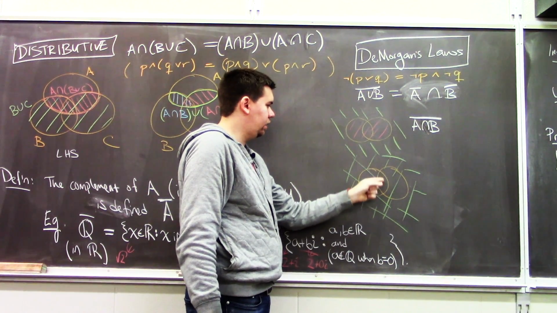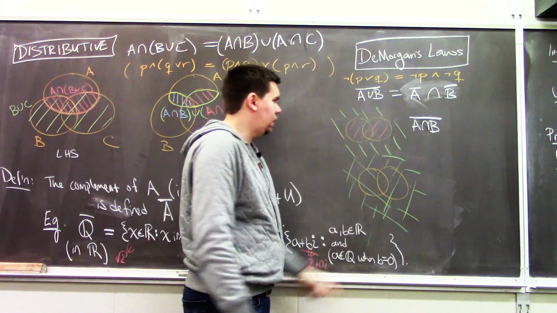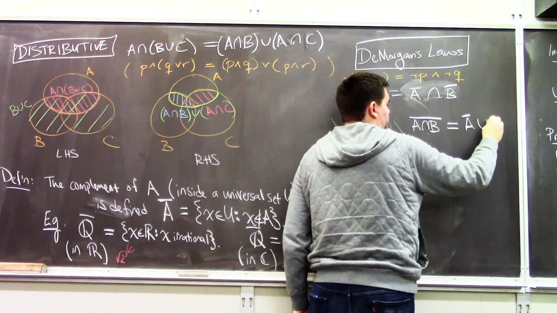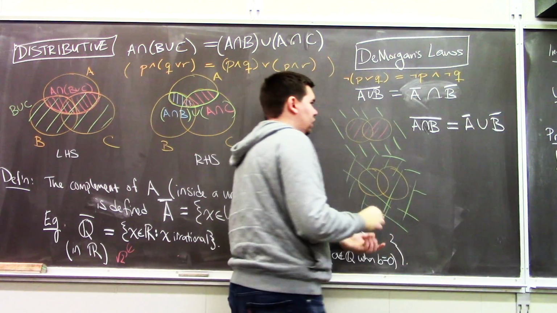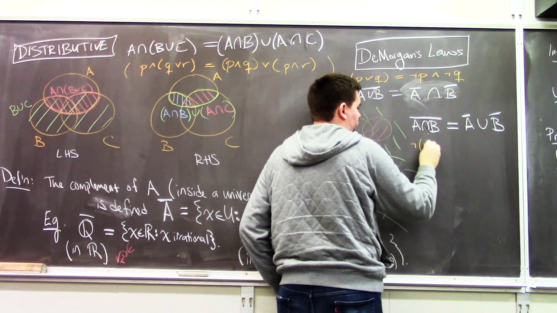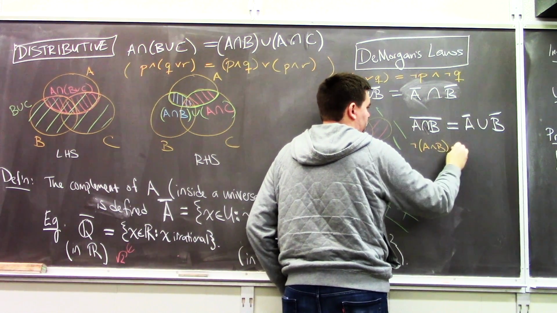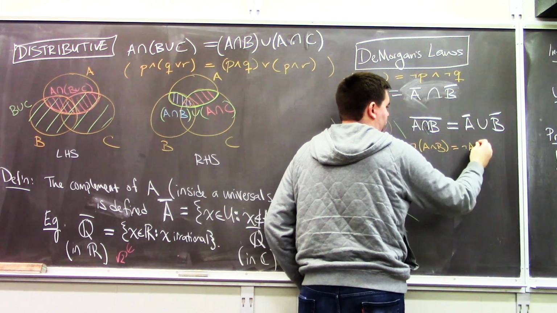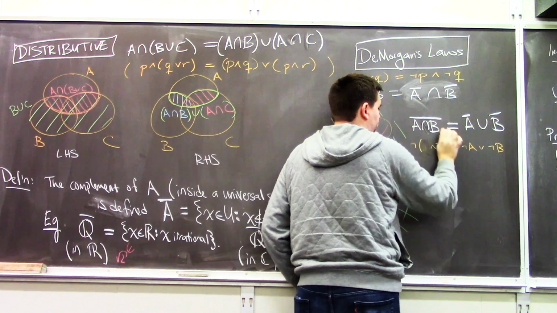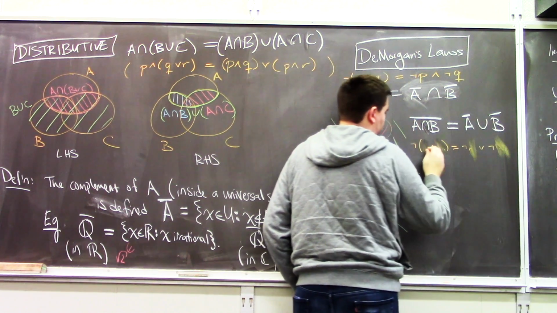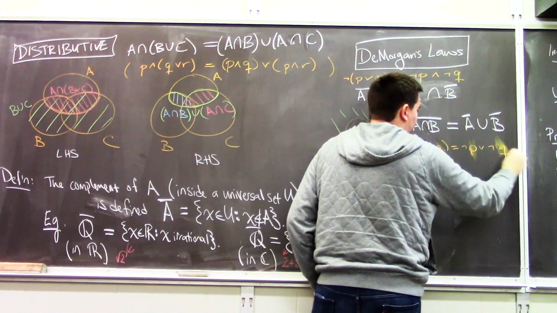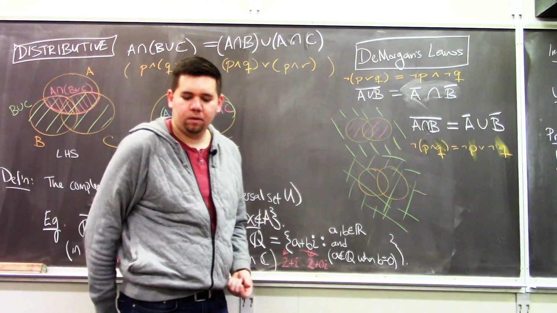The complement of A intersect B is this, which we said we got by complement of A union the complement of B. So this is exactly analogous to our logic law, that the negation of A and B is the negation of A or the negation of B. I guess I should use the P's and Q's, specify I'm doing propositional logic. P and Q is not P or not Q.